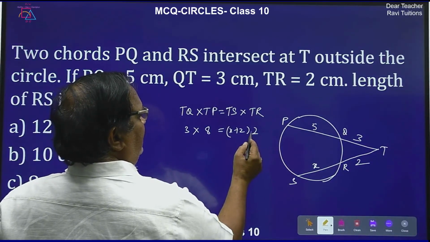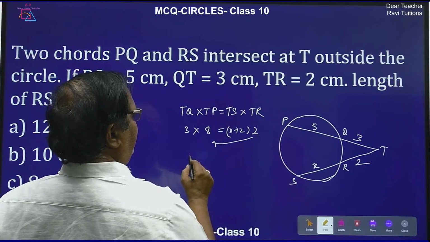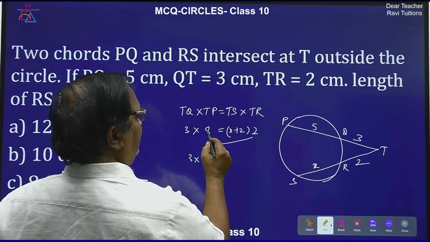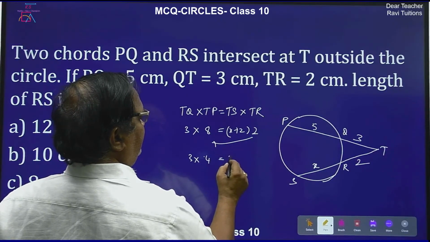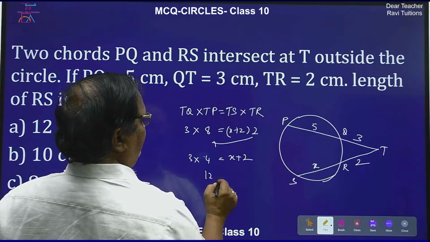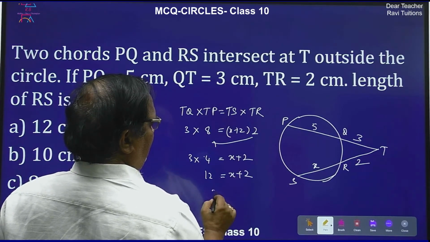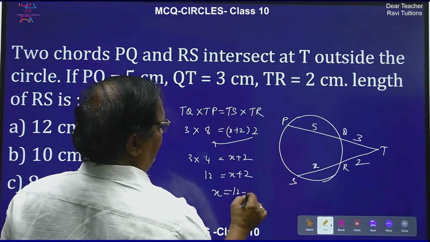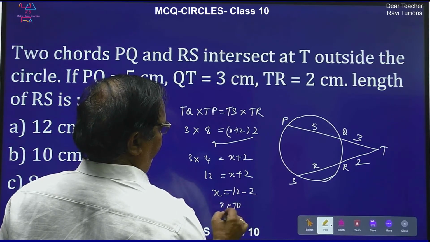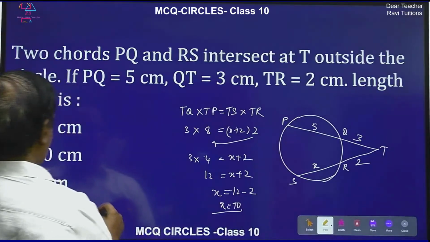So this 2 will go to this side. So 3 into 8 divided by 2, 4, is equal to x plus 2. So 12 is equal to x plus 2 and x is equal to 12 minus 2, 10. So RS is equal to 10.